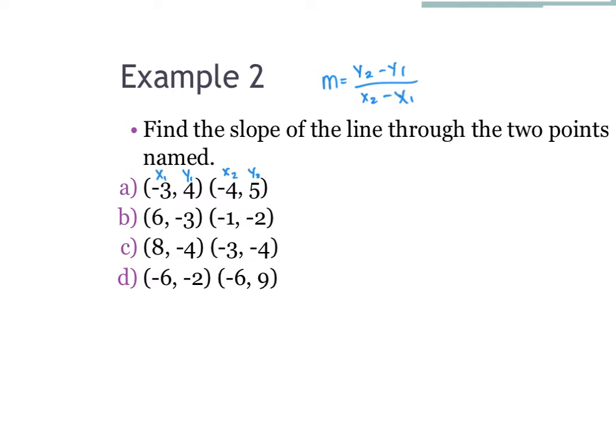And in this case, we've got m equals 5 minus 4 over x2, which is negative 4, minus a negative 3, x1. This is going to become 5 minus 4 is just 1 over negative 4 minus negative 3 is negative 4 plus 3, so that's going to be negative 1. So this is just negative 1.